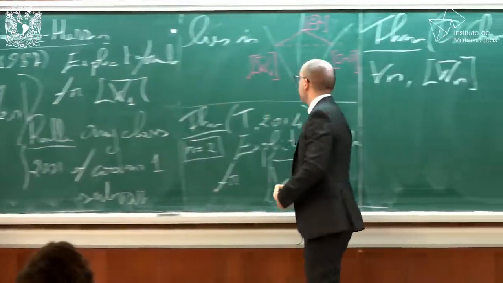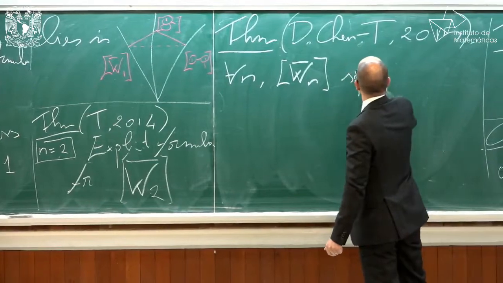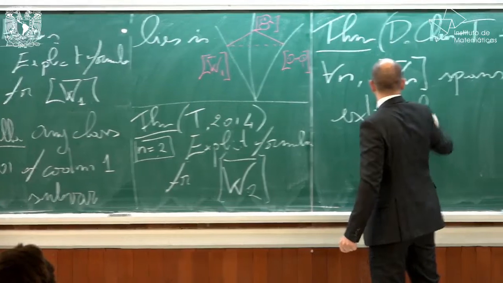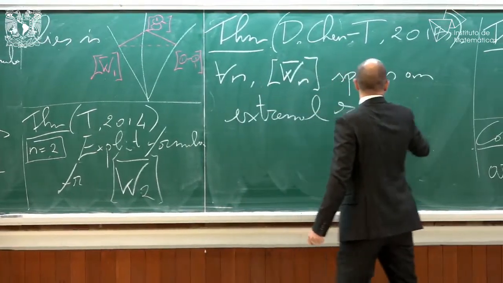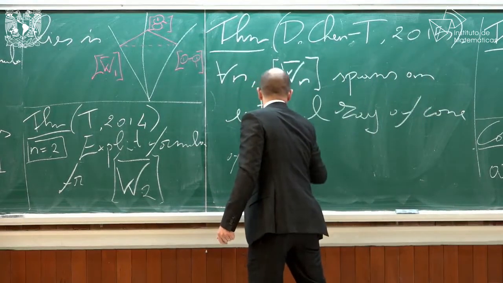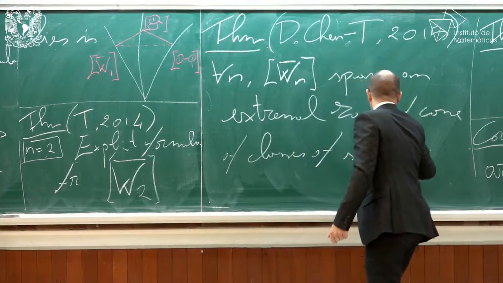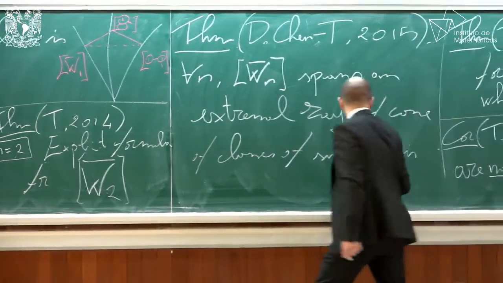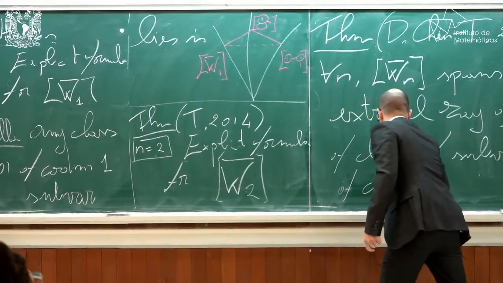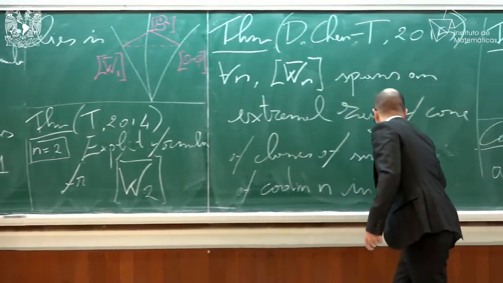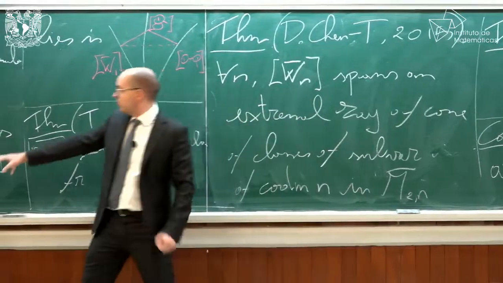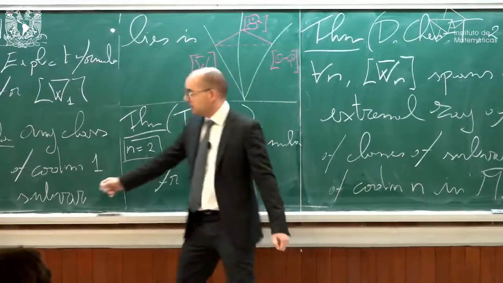This class spans an extremal ray of the cone of classes of subvarieties of codimension n in M_{2,n} bar. So this is an exact generalization of the case n equal to 1 that we have seen here.